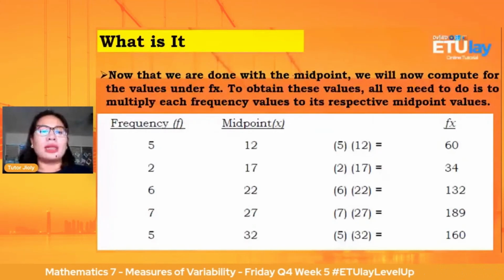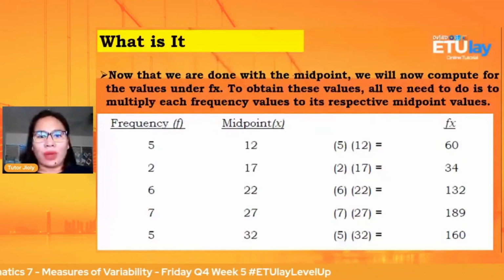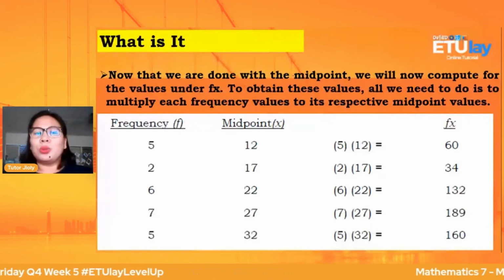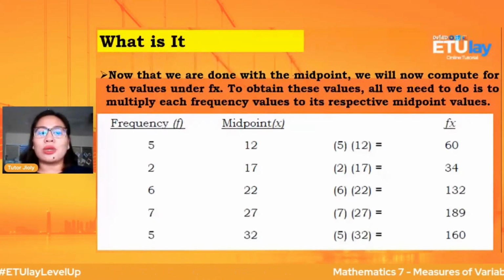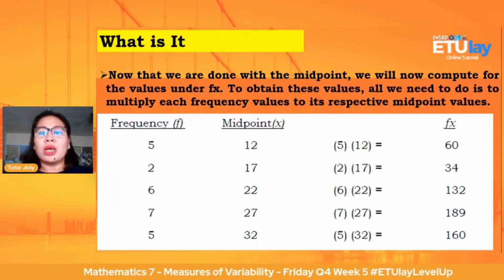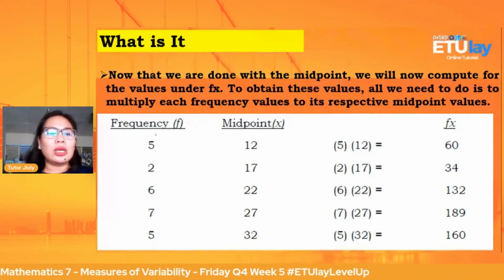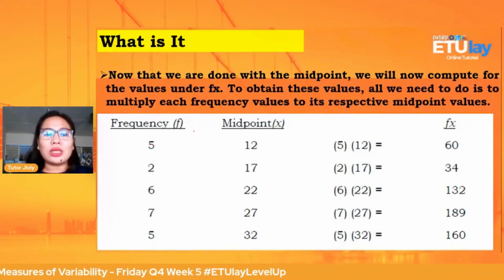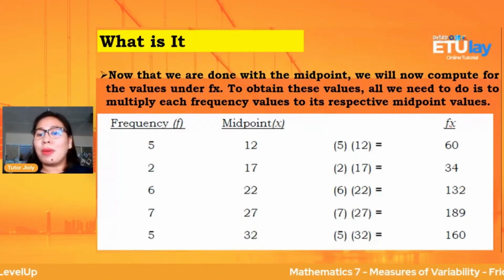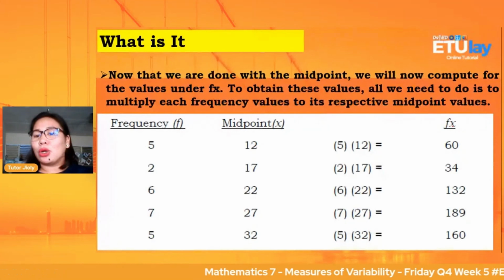We will now compute for the values under fx or f of x. To obtain these values, all we need to do is to multiply each frequency value to each respective midpoint value. Okay, so yung value ni frequency, which is 5, at then ang value po ni midpoint, imo-multiply lang natin para makuha natin yung fx natin.